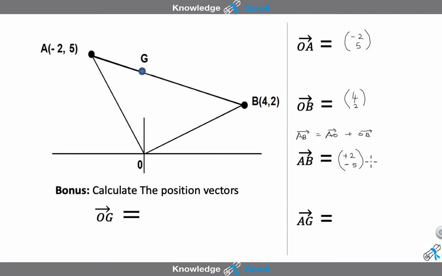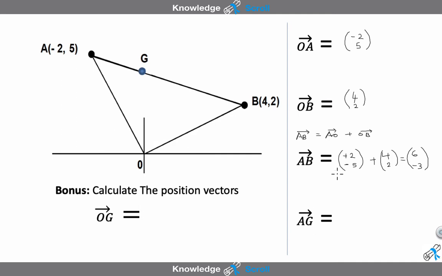And OB stays the same, so therefore I'm just going to add (4, 2) onto this, and my answer should be (6, -3). Alright, so this will be the vector AB.